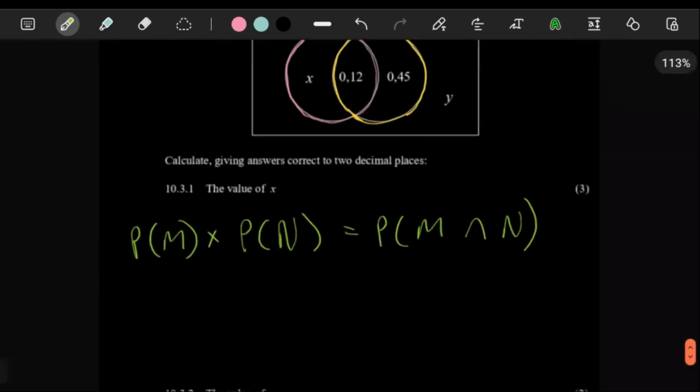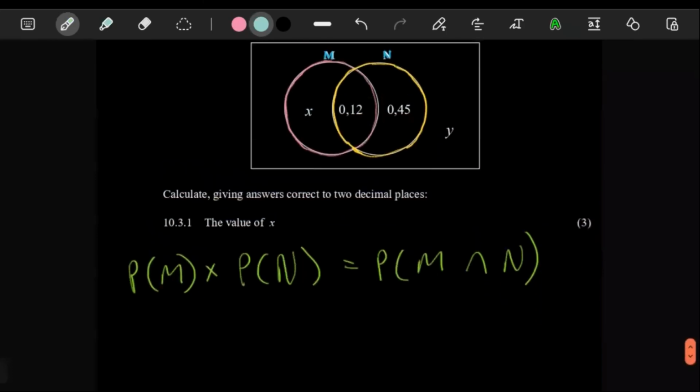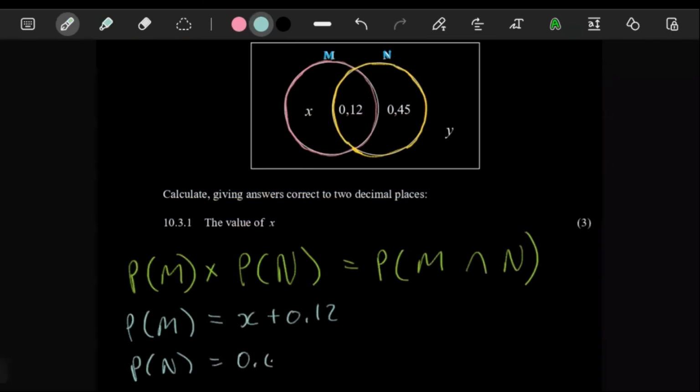So these pieces of information here, the probability of M is going to be these two put together, which is x plus 0.12. The probability of M is just x plus 0.12. The probability of N is just 0.45 plus 0.12.